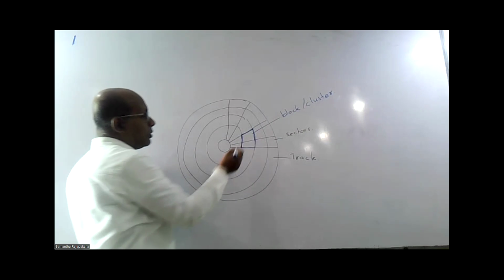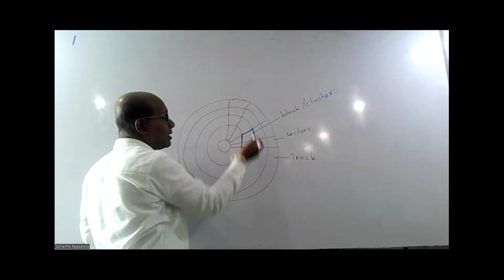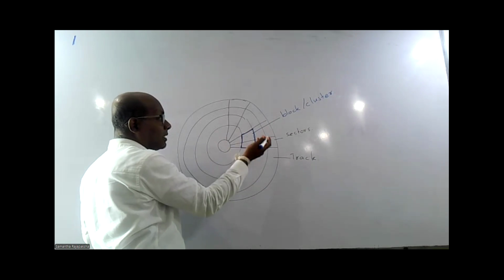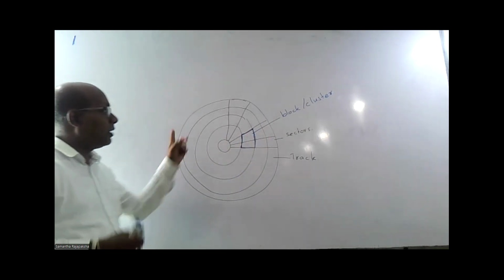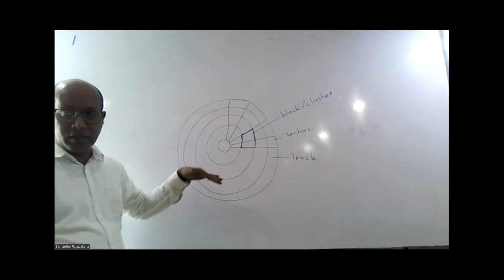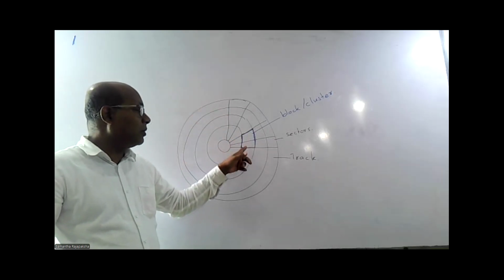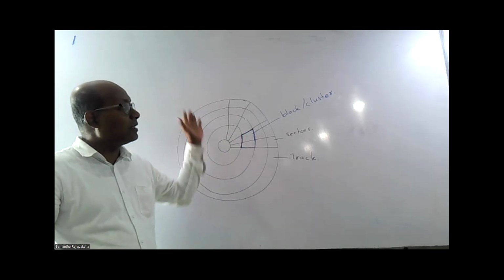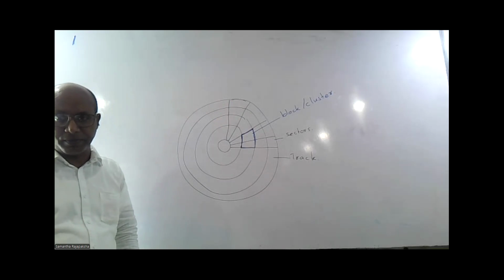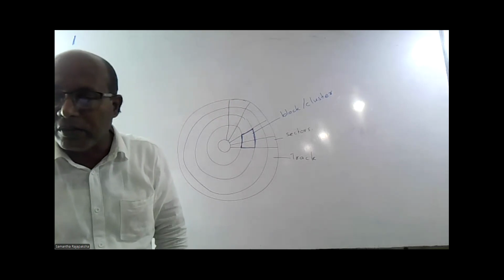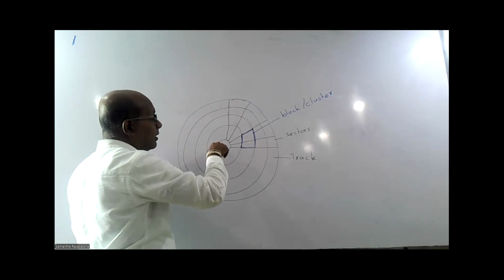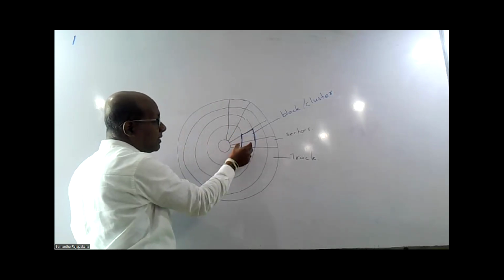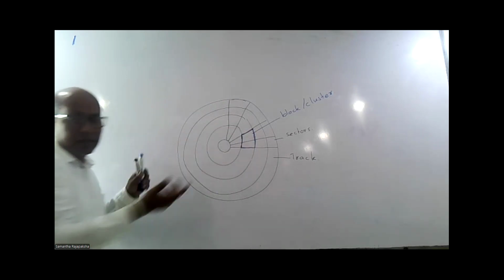So 2 sectors together, or 3 sectors together, we call a cluster or block. Just keep in mind: initially we have the tracks and the sectors, and 2 or more sectors together we call a cluster or a block. That's the initial thing you must remember.